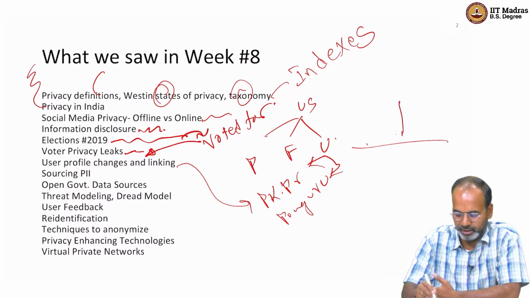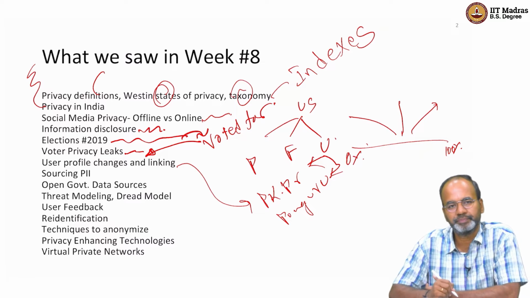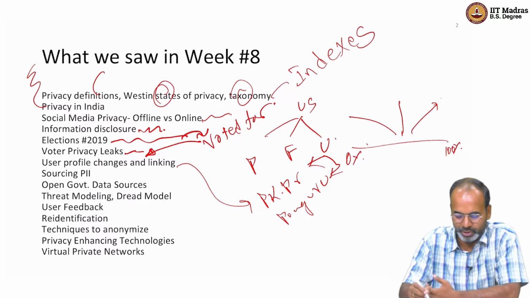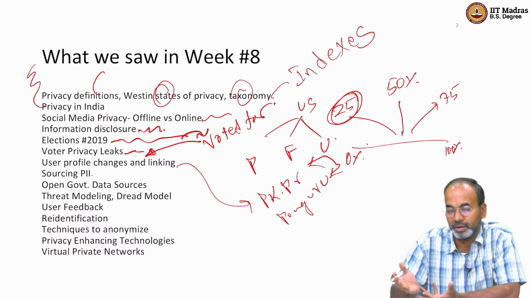Let's take something like this. We can say this is 100% linkable, this is 0% linkable. Your score is 75%, 25%, or 50%. You can say that, look, only 25% of the time can both the accounts be linked. Is this how you want to keep it?